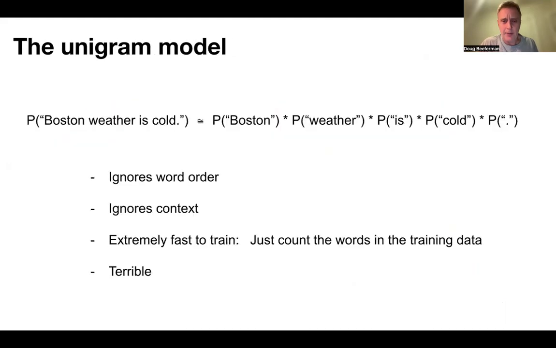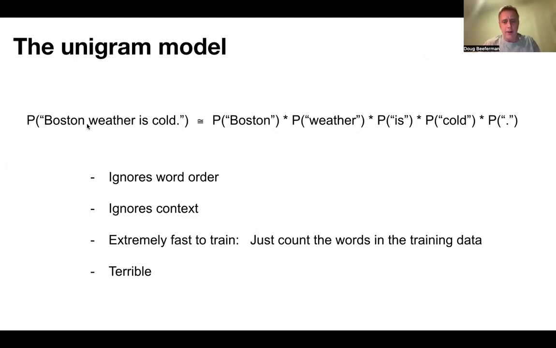Okay, so now let's talk about language model research going back to the dark ages, by which I mean, I guess, the 1980s or so. The very simplest language model I think you could possibly imagine is what's called a unigram model, or a 1-gram model. As I recall from the second slide, a language model is just assigning probabilities to every sentence or every string in the language.